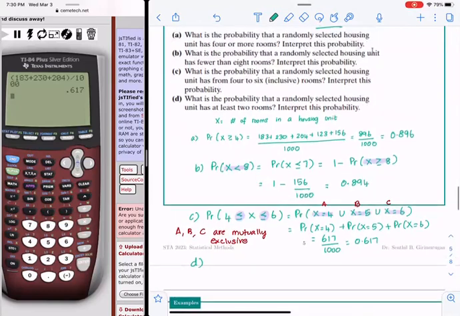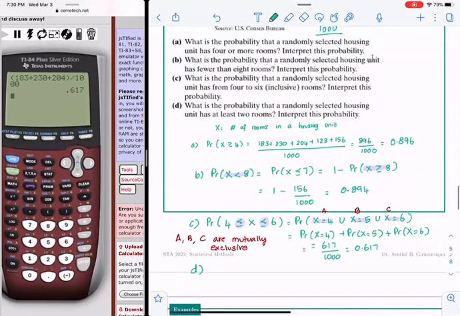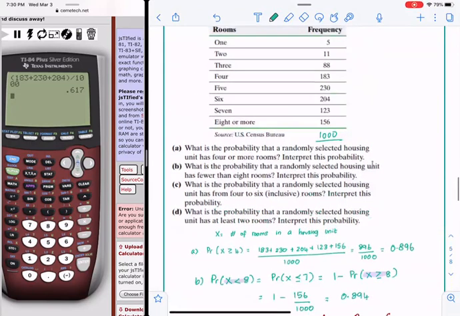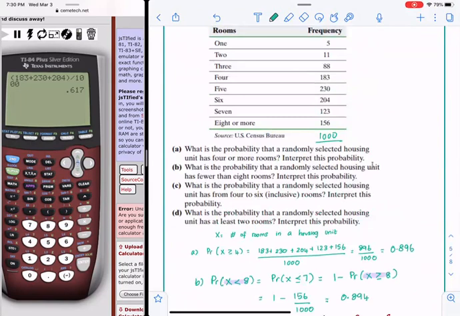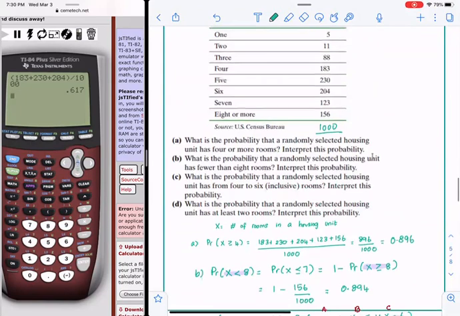Part D, what is the probability that a randomly selected housing unit has at least 2 rooms? So probability of X greater than or equal to 2 would mean the number of rooms in the housing unit is greater than or equal to 2. So again, based on what's given to us, if we use the complementary rule, it would be easier to find the answer.